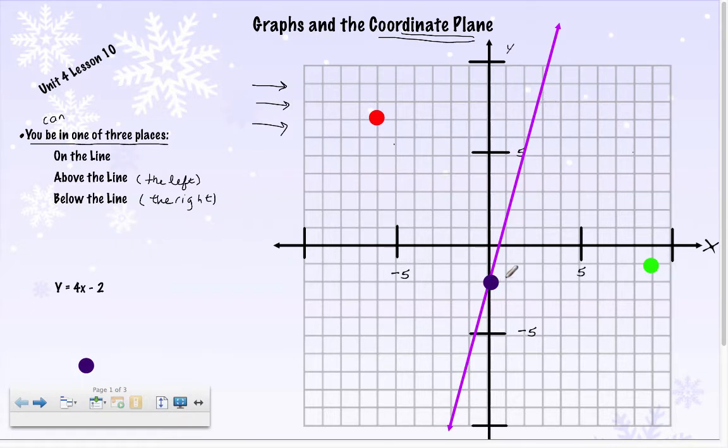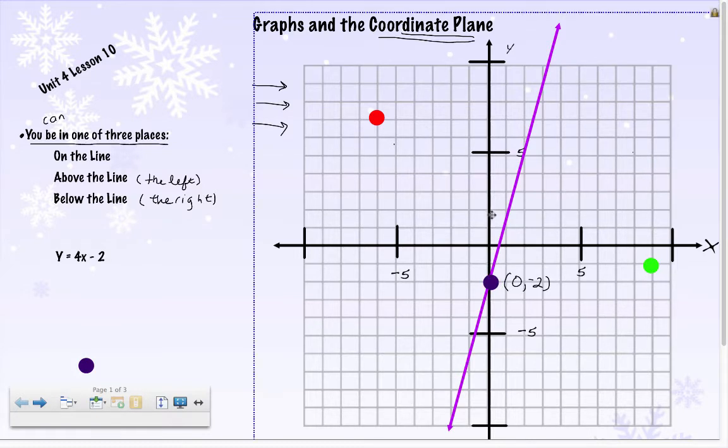So for example, this point right here, which is (0, -2), is an answer to the equation of the line that I have here. See, the equation of the line is y equals 4x minus 2. We can see that. We have a y-intercept of -2. We have a slope of up 4, 1, 2, 3, 4 over 1.